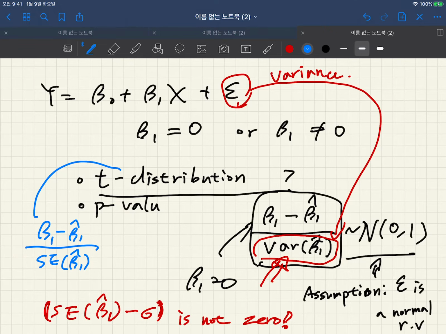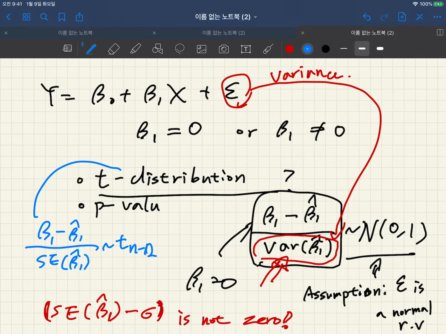Then this follows the t-distribution with degrees of freedom n minus 2. Sorry, because there are two parameters, the degrees of freedom is n minus 2.